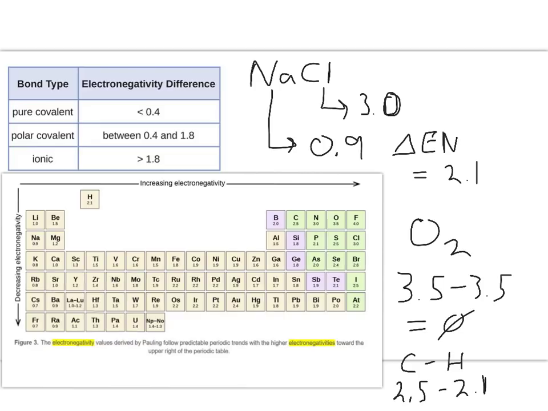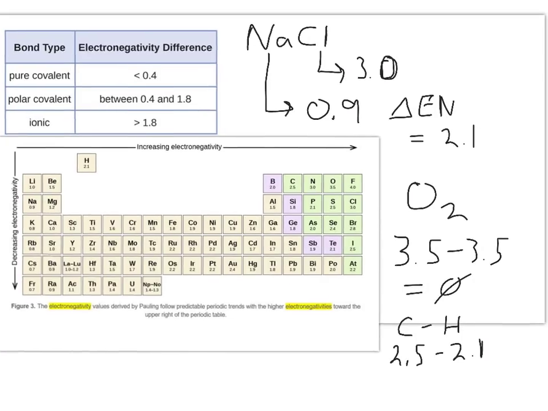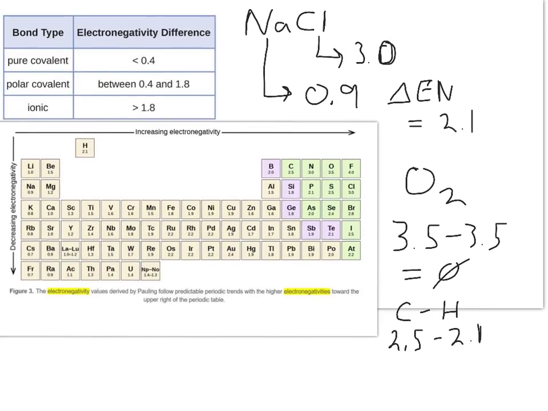So even though you get a value that isn't 0, but 0.4, it's not really a polar bond in that category. Just slightly. That value is right on that line. So a carbon-hydrogen bond is the borderline of a pure covalent and a polar covalent bond.